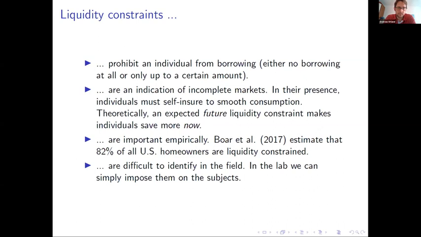Liquidity constraints are difficult to identify in the field. We don't have that problem in the lab, so we can just impose it on the subject. I think that's nice. Our experiment, I think, is the first to examine the role of liquidity constraints. We have a treatment with and without, and we can contrast it.